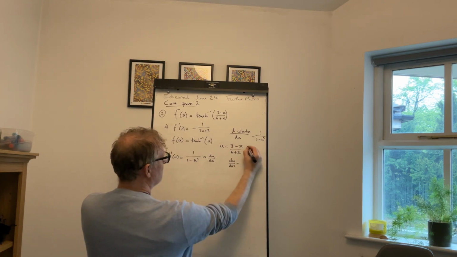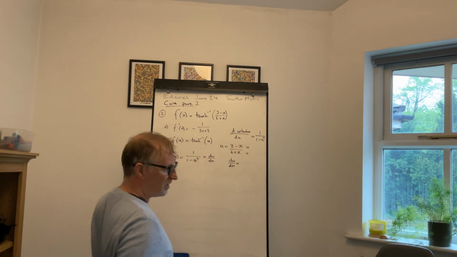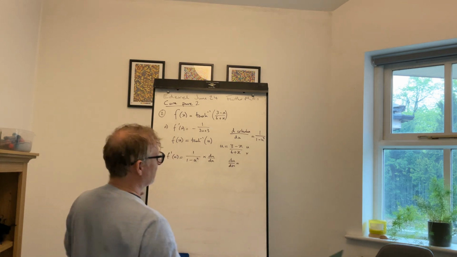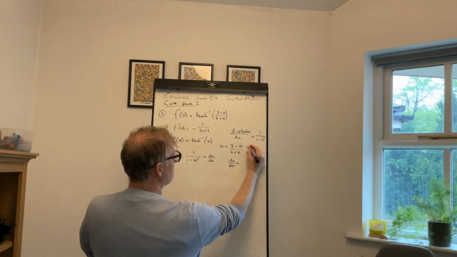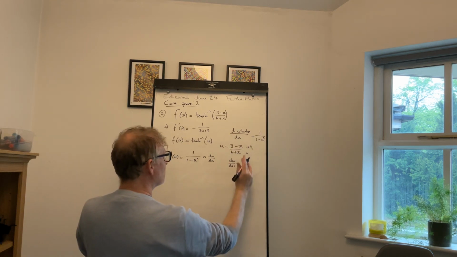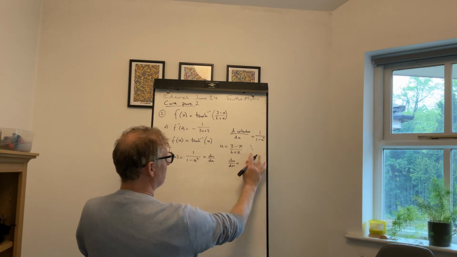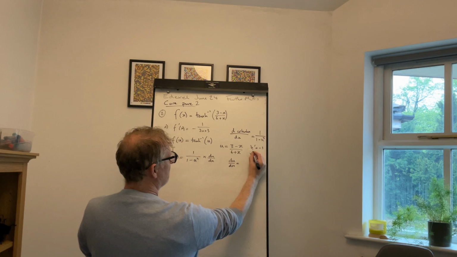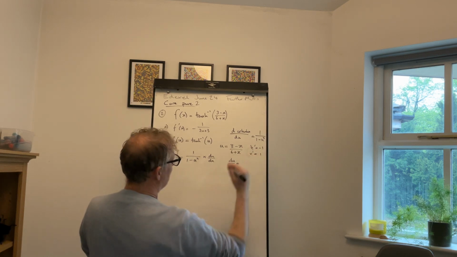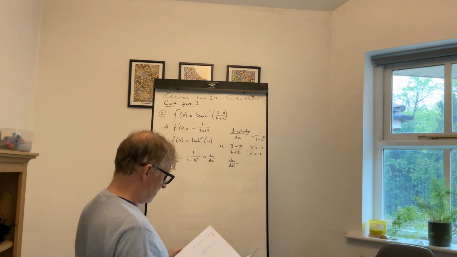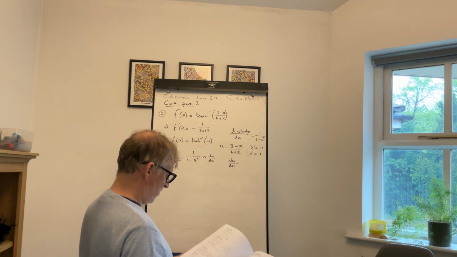We should use the quotient rule. I can never remember the order, and it's quite confusing using u there as well. Never mind, I'm sure we can work this out. So u dash is minus 1, and v dash is just 1. I'm going to look this up, because otherwise I forget which way round it is.